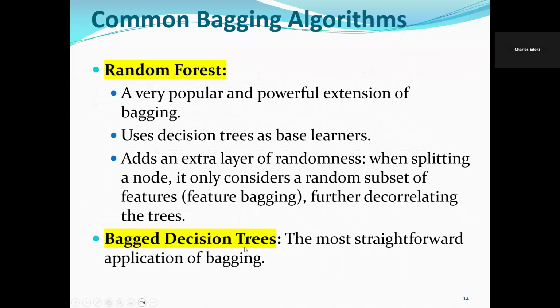Okay, so right now we are not going to talk about random forest in detail, but we put a few things here that the whole concept can lead us to the idea of using what we call the random forest. Random forest is a very popular and powerful extension of bagging. Why do we use it a lot?